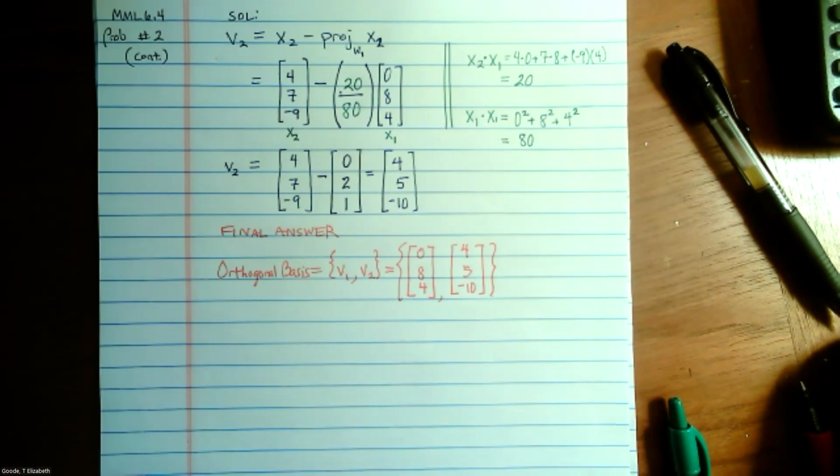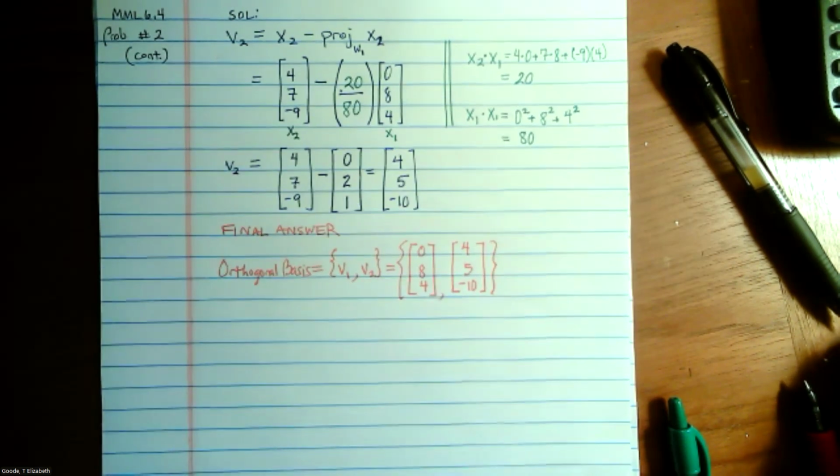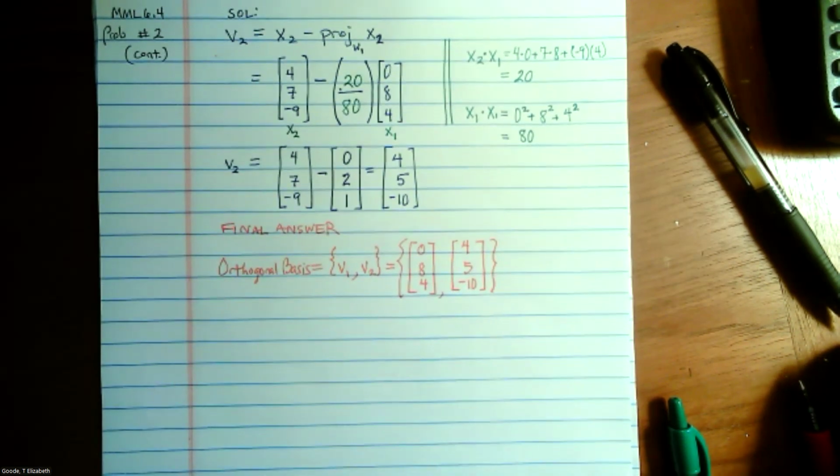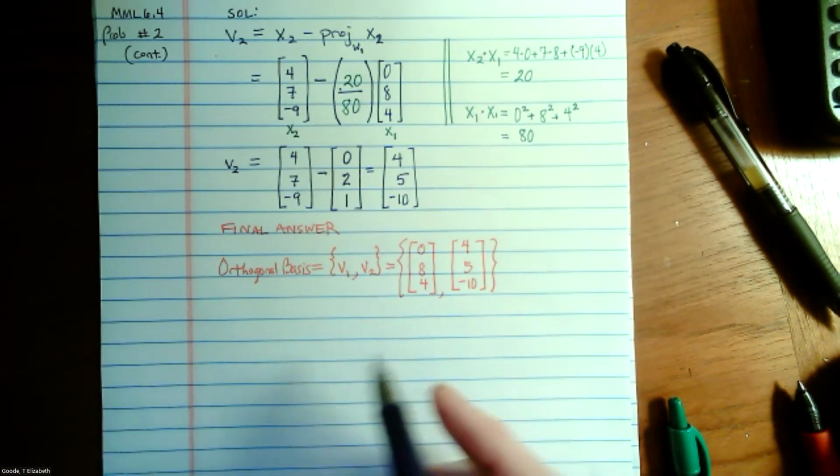Question 3. No, it's still just 2. It's the same, but you can work on problem 3 now the same way. Is there one where it's 3? I think it's problem 5. Yeah, number 5. Let's do number 5.